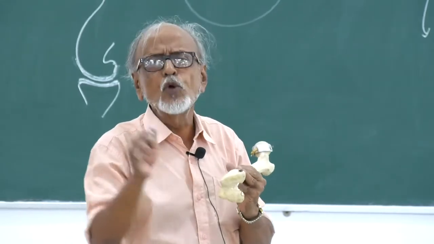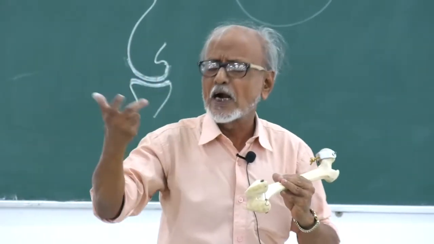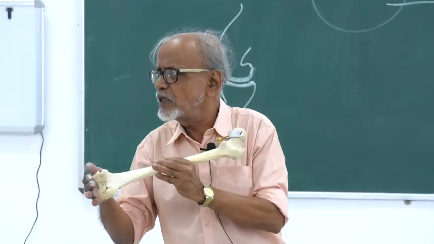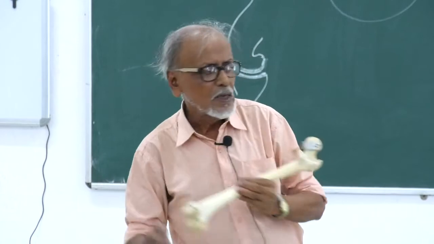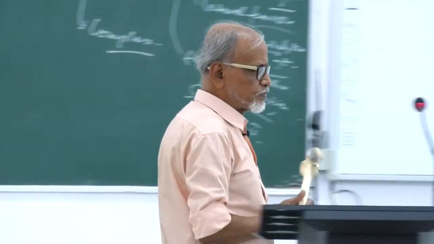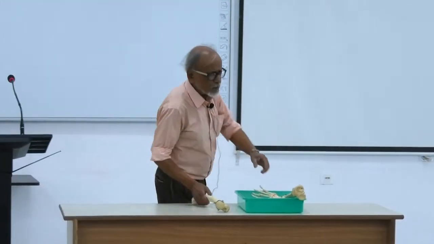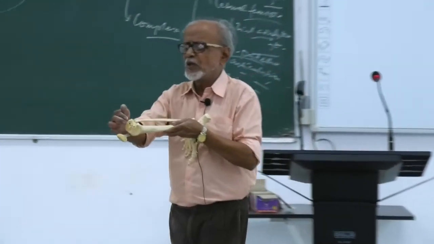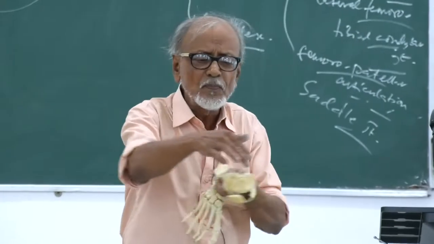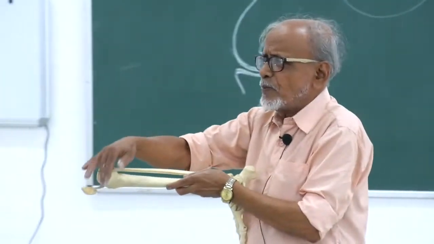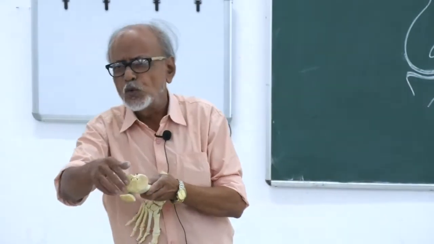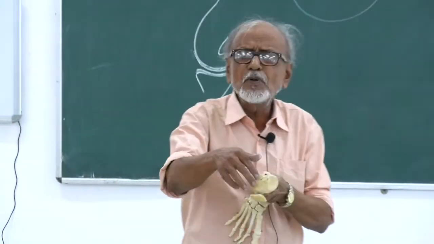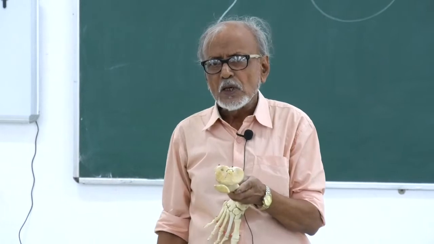It is like the arc of a wheel, a round wheel. As opposed to this, if you look at the tibial condylar articular surfaces, these are shaped like plates. They are relatively flat.